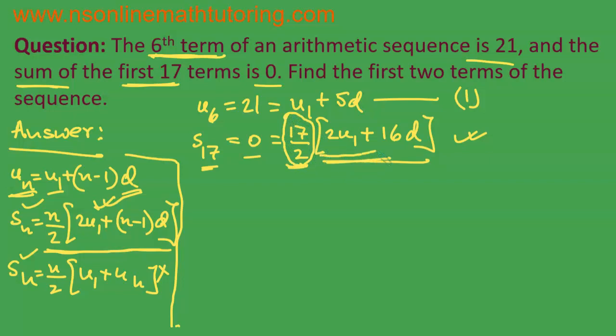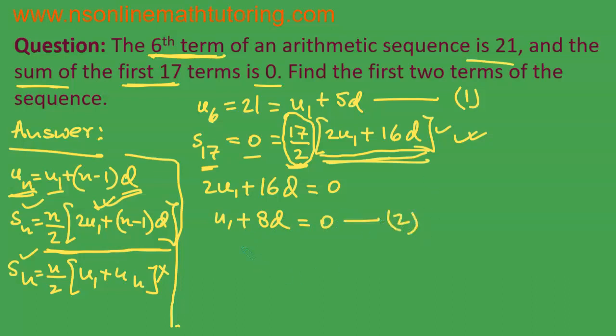Therefore, what can we conclude? We can say that 2u1 plus 16d is equal to 0. This is the part which should be equal to 0. And if we divide the entire equation by 2, we get u1 plus 8d is equal to 0. Let this be equation number 2.